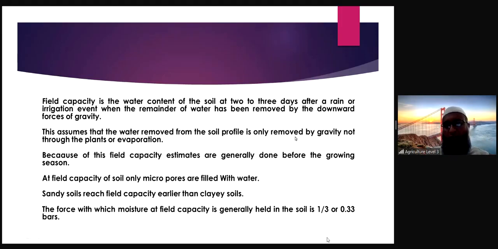Seepage means horizontal movement of water through the soil. As the border is cemented, there will be no seepage. At the same time, we will be restricting evaporation, transpiration and overflow, that is runoff.